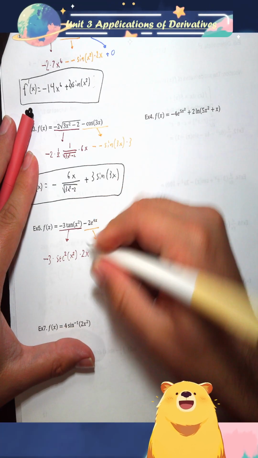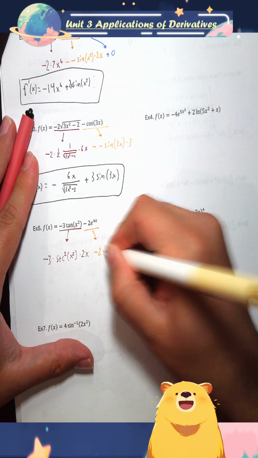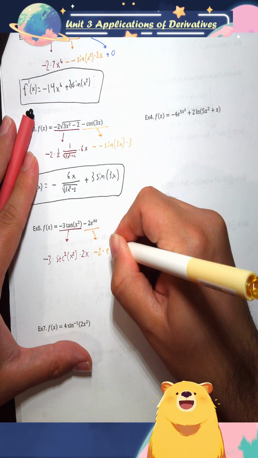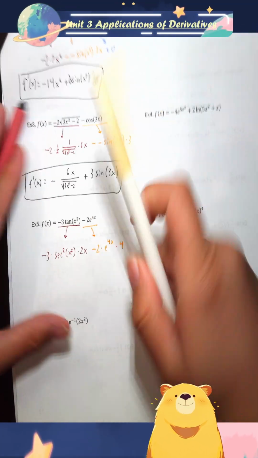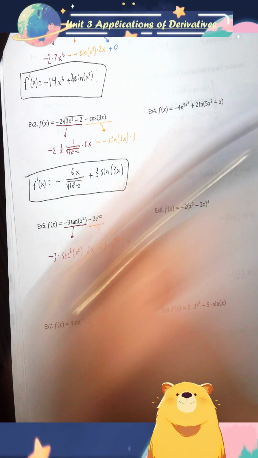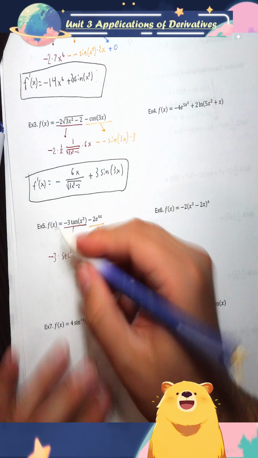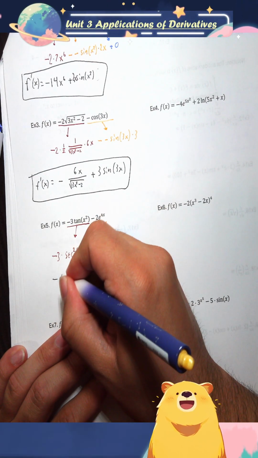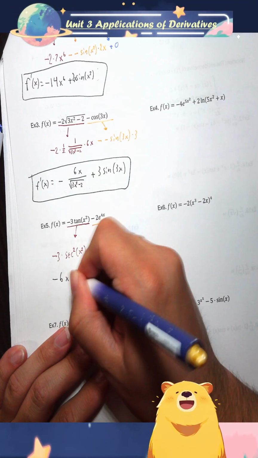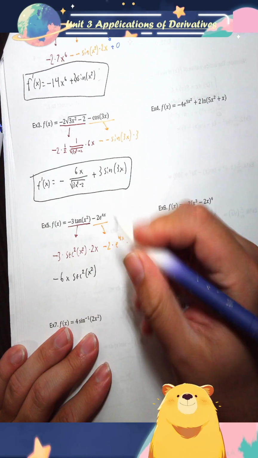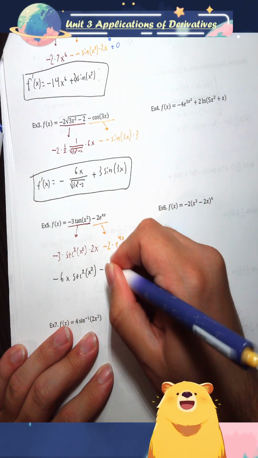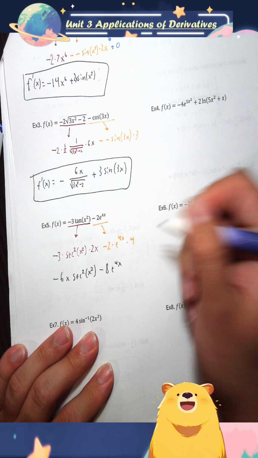And then the derivative of this is just -2 times e to the 4x times the derivative of the inside, which is just 4. So this gets simplified to -6x secant squared of x squared, and then minus 8e to the 4x.